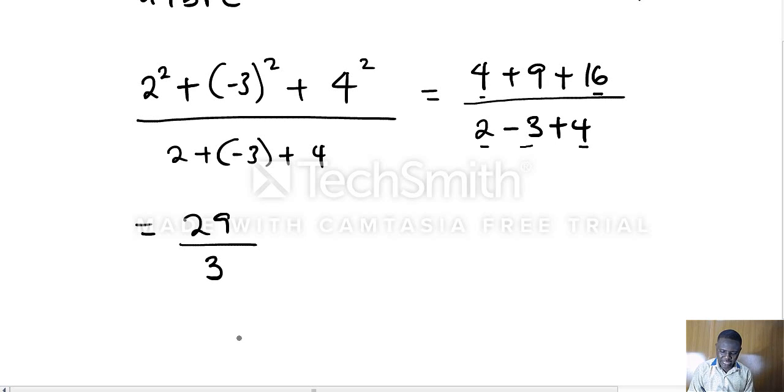And 29 divided by 3, there is no common factor that can divide 29 and 3. So you either leave it in this form or you express it as a mixed fraction, which can be said to be 9 whole number 2/3.